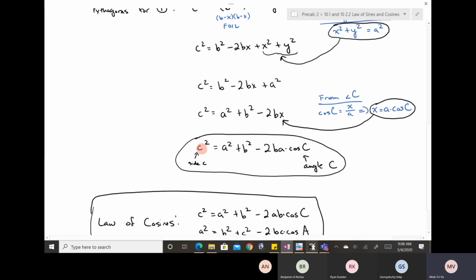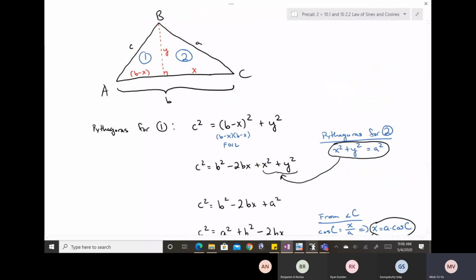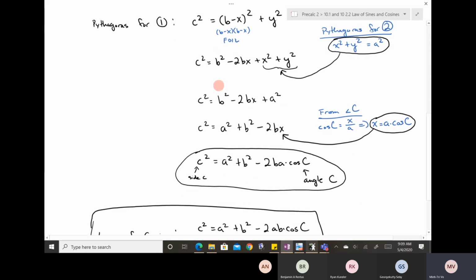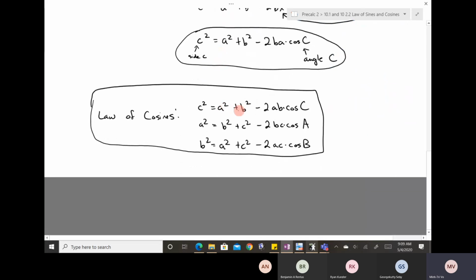Okay, so this is the law of cosines when you split angle B, but you can do the same thing by splitting the other angles in the other ways. So then you get different versions of the law of cosines, and the way you decide which version to use is depending on which angle you're trying to solve for.